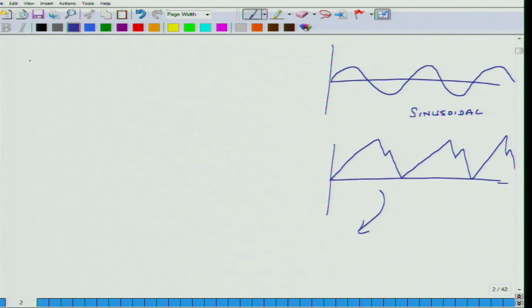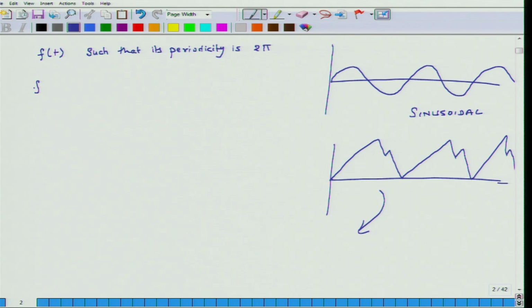Suppose there is a periodic function f of t such that its periodicity is 2 pi, which means that it repeats itself after every 2 pi seconds or hours or minutes. So its period is 2 pi.